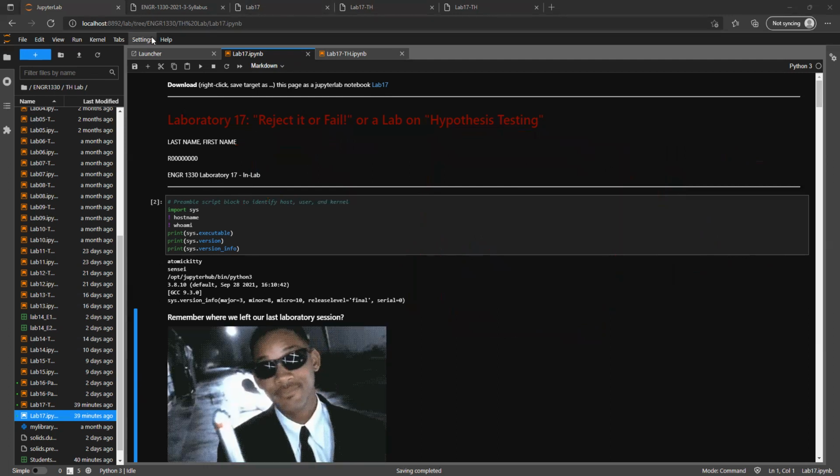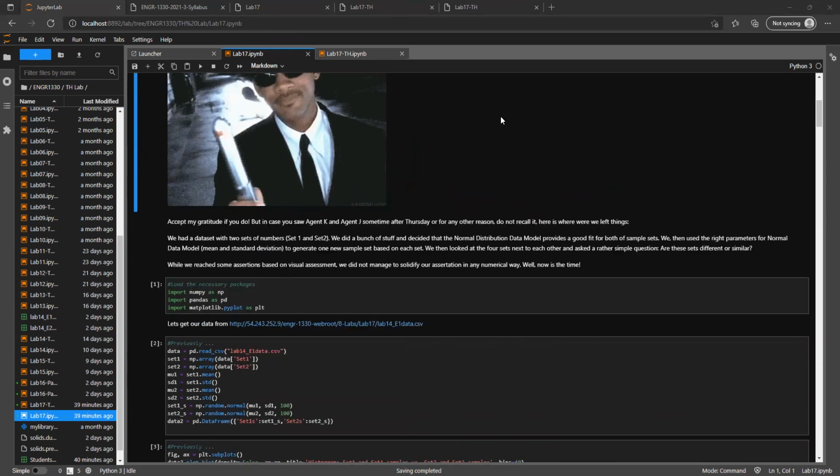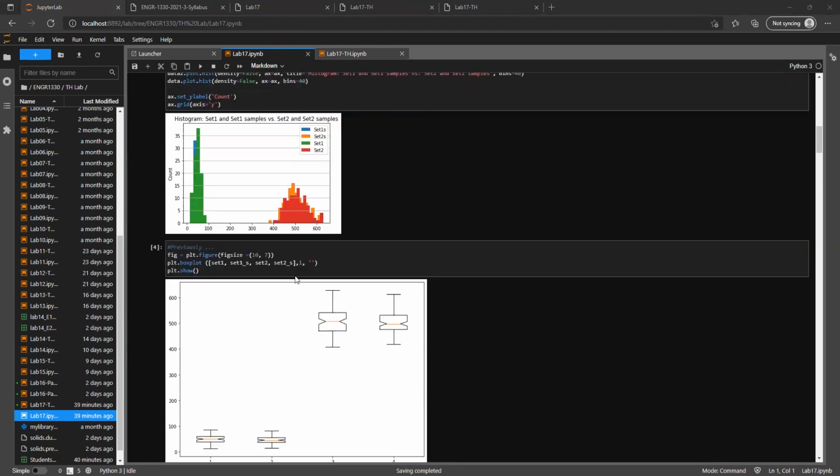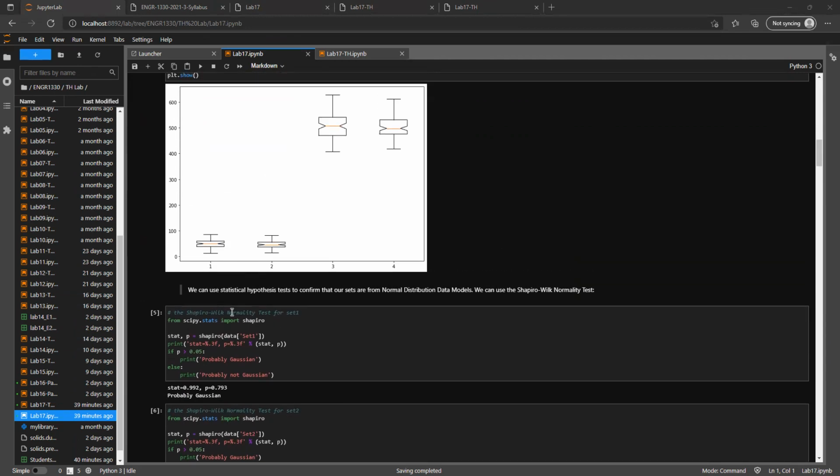Here's the proof. So that's kind of the motivation of why we do this stuff. You don't really need to worry about how the Shapiro-Wilk normality test works. You just need to know the assumptions and what kind of thing it would give you.